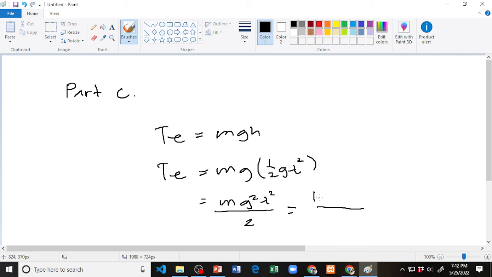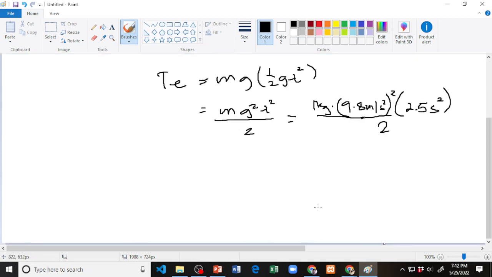This is just equal to the mass of the object, which is 1 kilogram, times 9.8 meters per second squared, raised to the power of 2, times 2.5 seconds to the power of 2, all over 2.